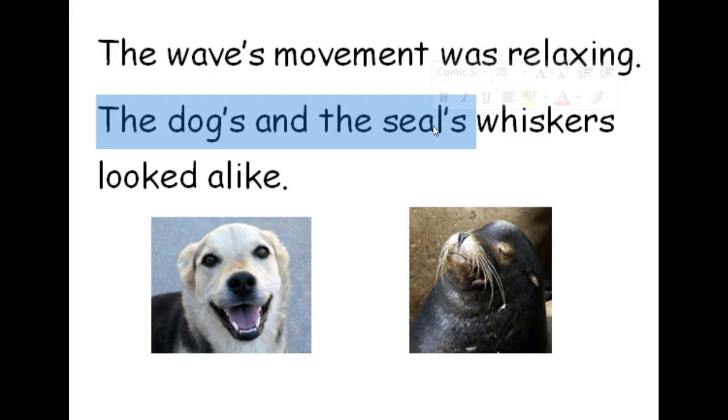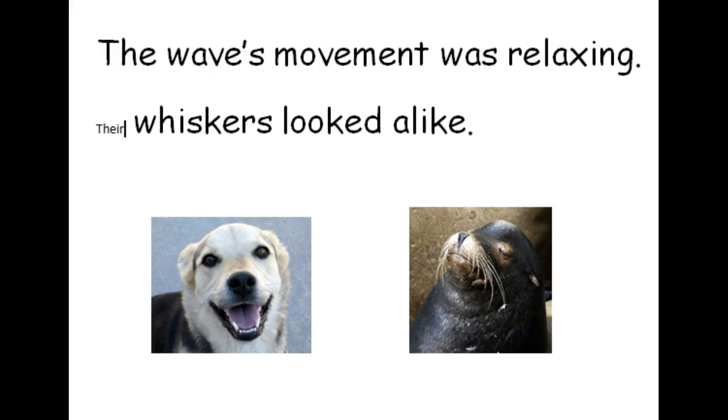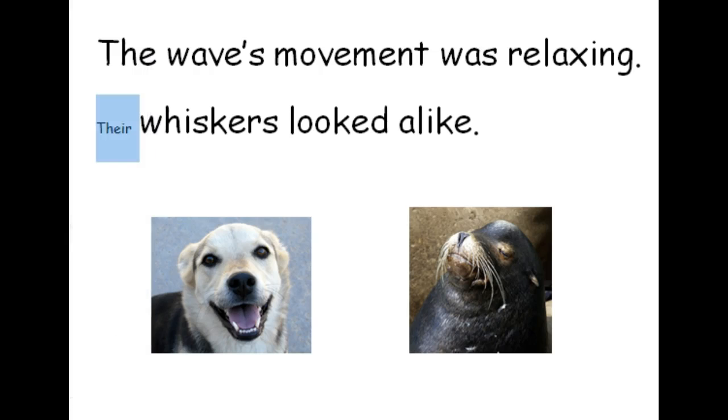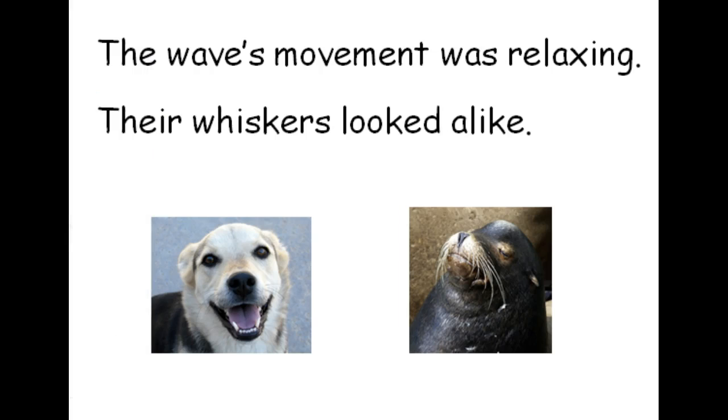Which one of those possessive pronouns could we put in the place of the dog's and the seal's? Could we use their? I do not know why that didn't match what I had going on my screen, but that's okay. Their whiskers looked alike. Instead of saying the dog's and the seal's, we could use the pronoun their.